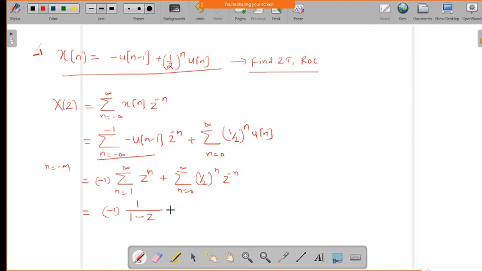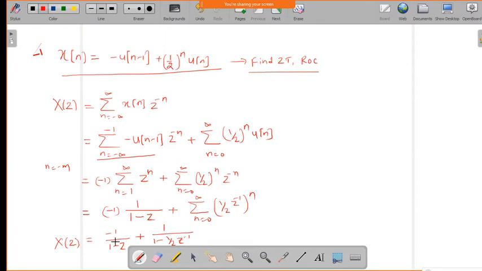And this other term we can express as n equal to 0 to infinity of 1 by 2 into z inverse whole power n, which we can represent as 1 over 1 minus half z inverse. So this is minus 1 over 1 minus z plus 1 over 1 minus half z inverse. Okay, so now this is the Z transform of the signal.